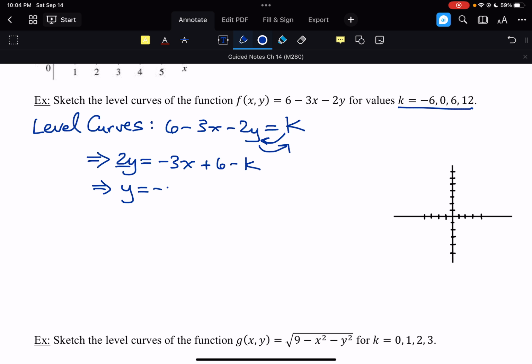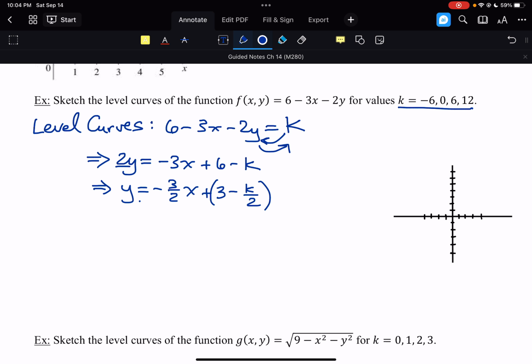So y equals negative 3 halves x plus, that would be 3 minus k over 2. If we look at what this equation produces, if we imagine that we're grouping these two together, this has the form y equals mx plus b. So this would be a linear equation.